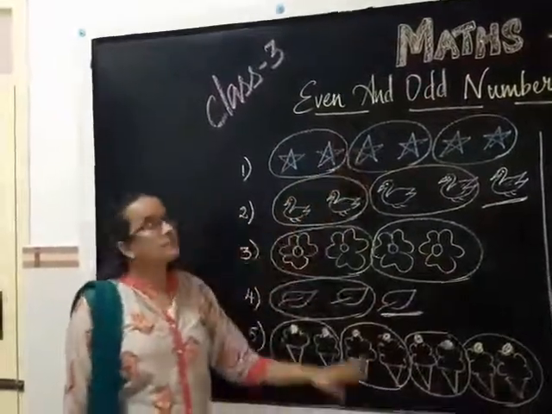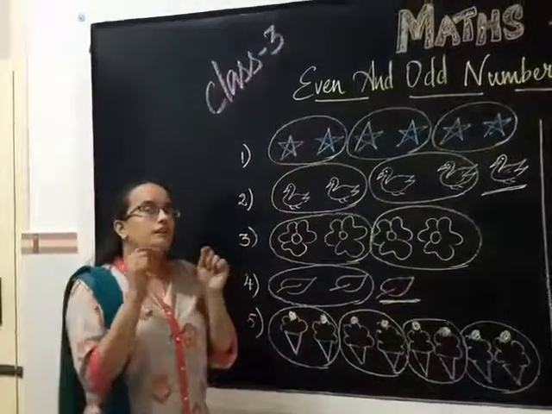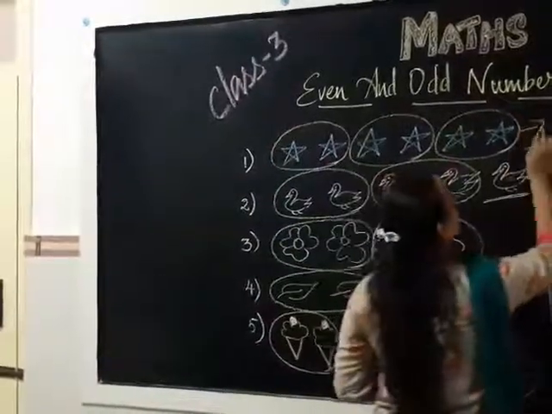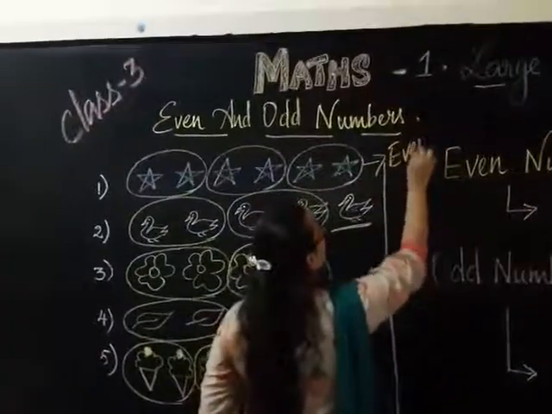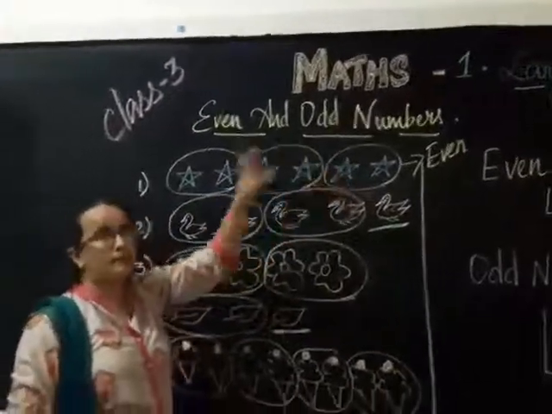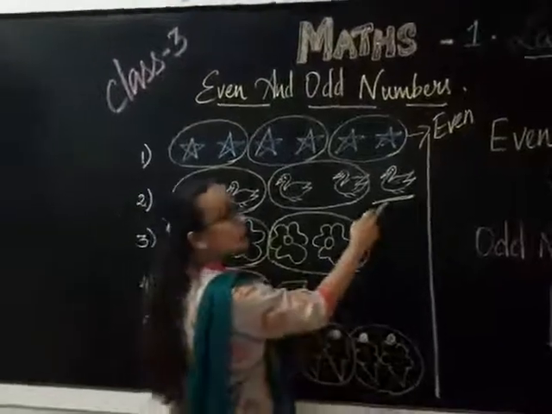So if you see this, when the numbers are in pairs, it is called even numbers. Even numbers. So anything that has pairs is called even numbers. So this is also pair. This is not pair, right?